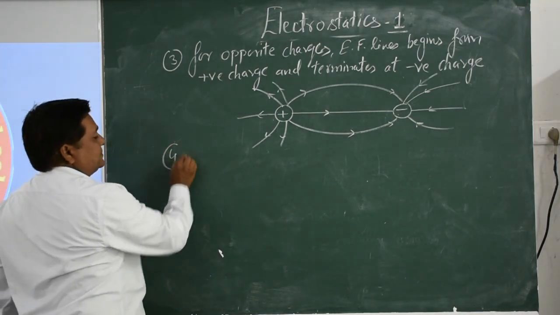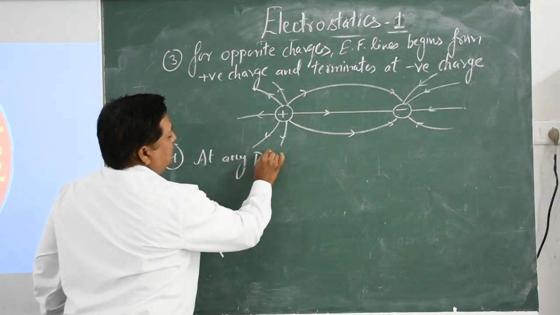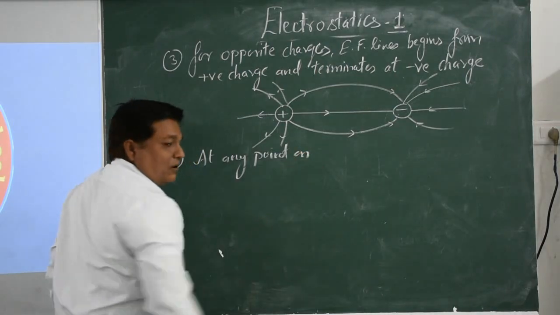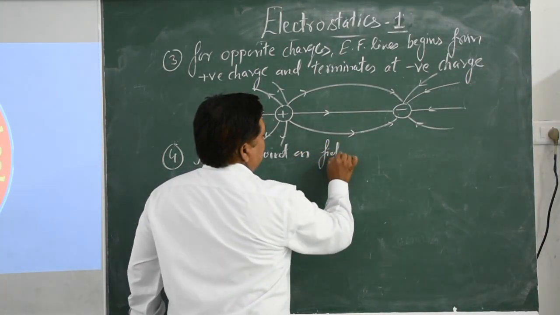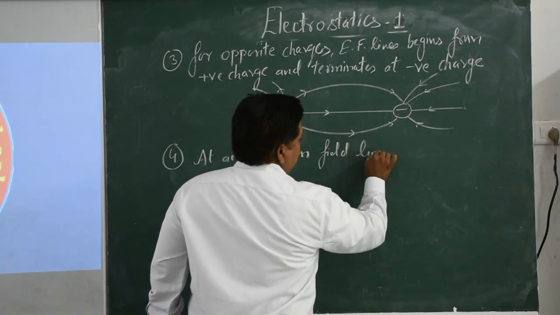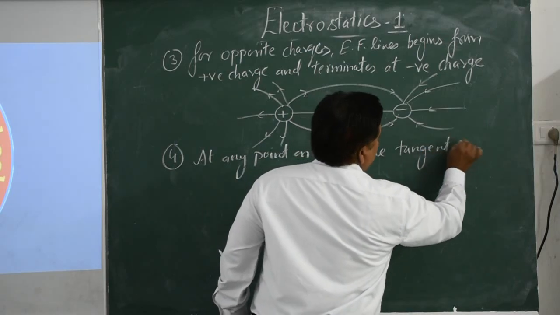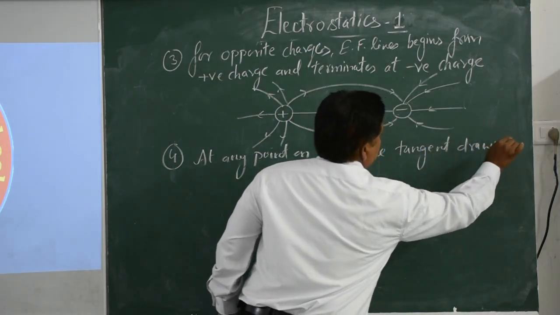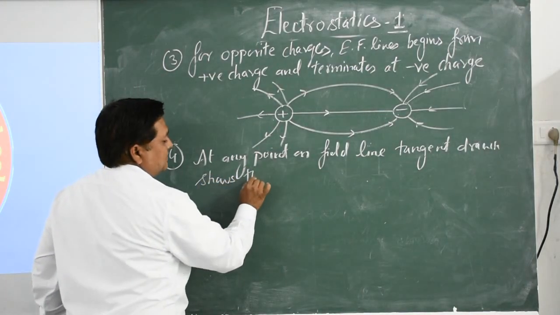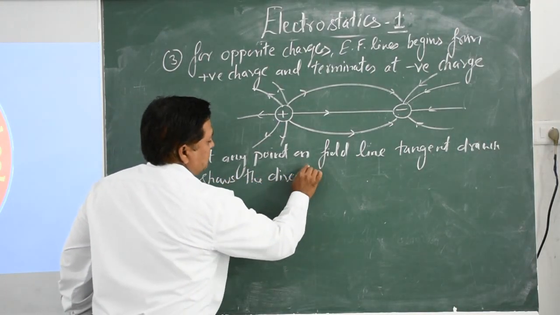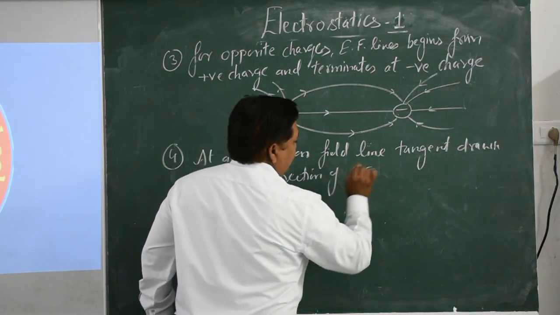So we can say that at any point on a field line, the tangent drawn shows the direction of electric field.